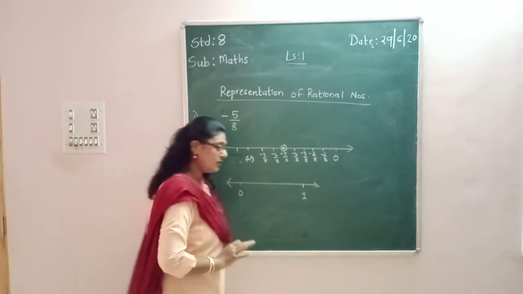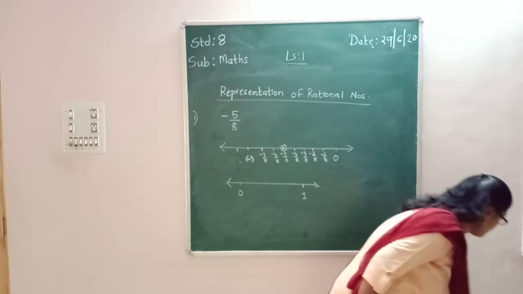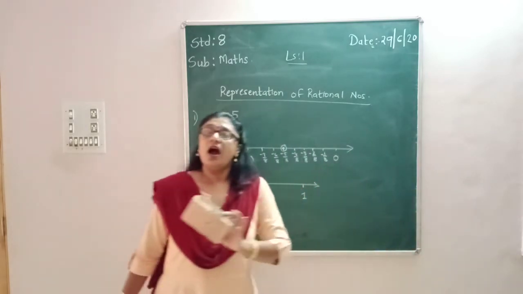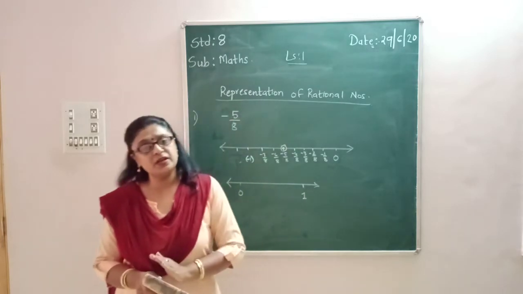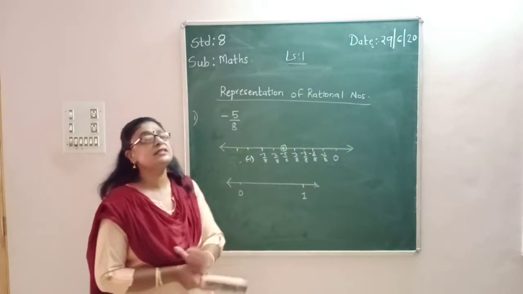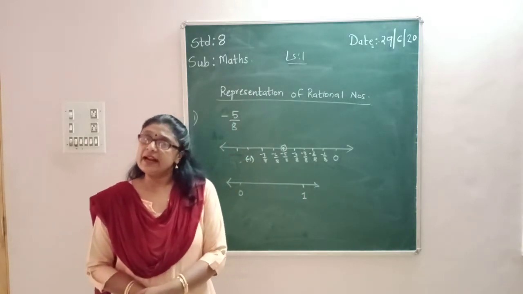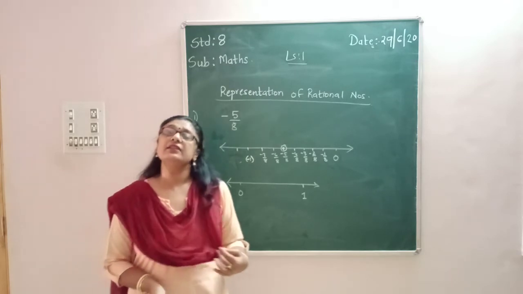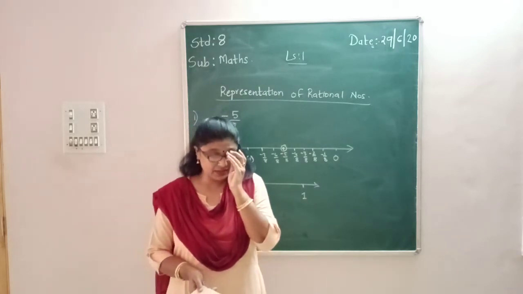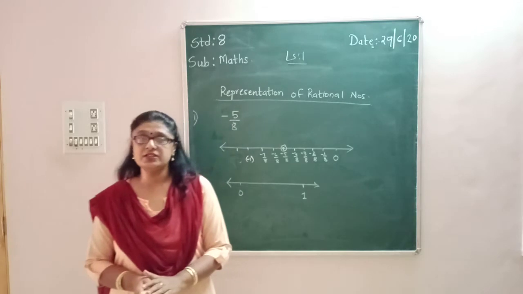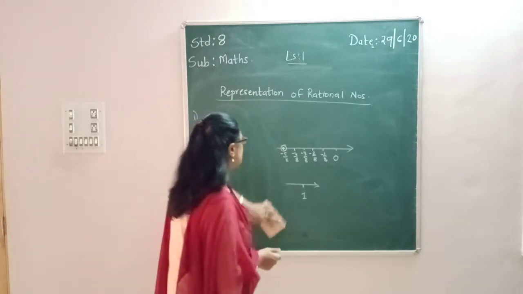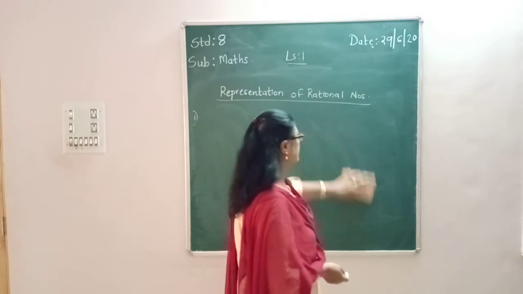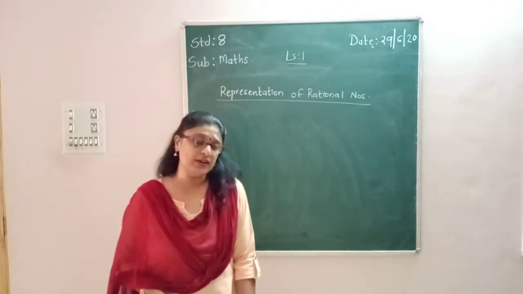So this was how you can decide between which two numbers a given number is lying. The first thing we saw is that if the numerator is smaller than the denominator, then it is lying between 0 and 1, or if it is negative, it will be between 0 and minus 1.